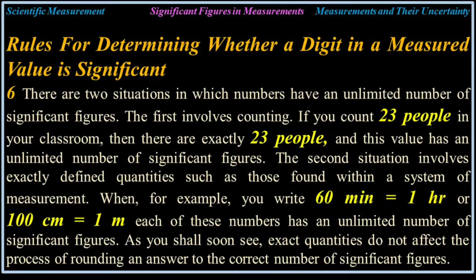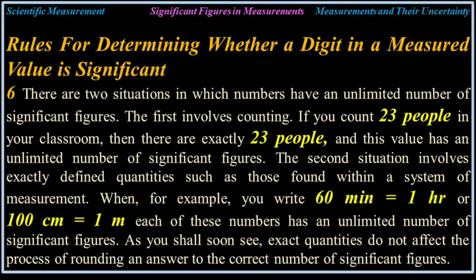Number 6, there are 2 situations in which numbers have an unlimited number of significant figures. Now, this is important. It's actually very easy. The first involves counting. If you count 23 people in your classroom, then there are exactly 23 people.